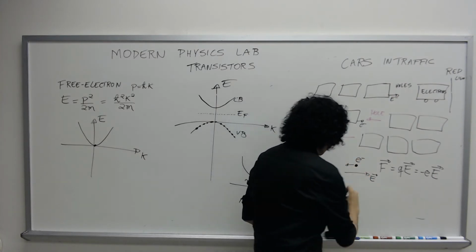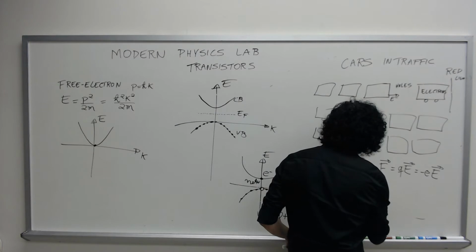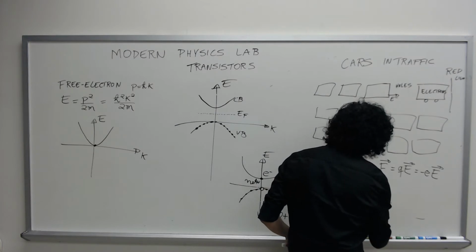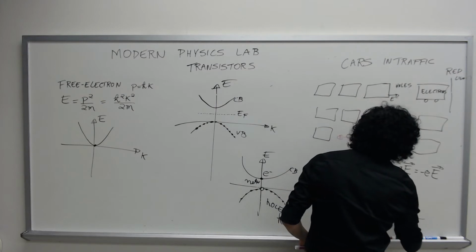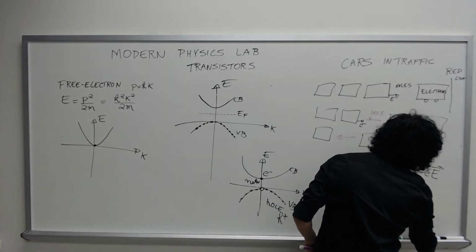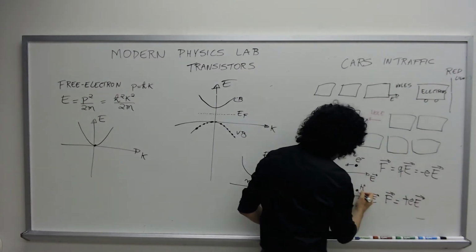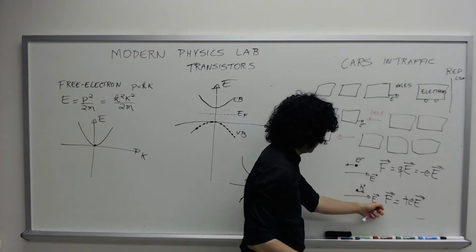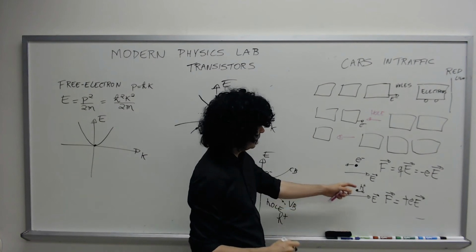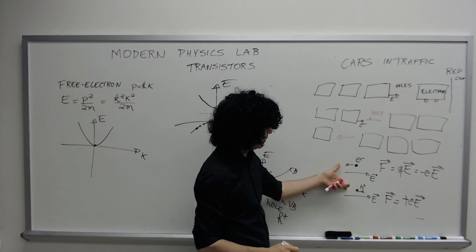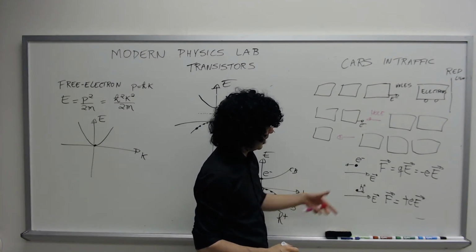While a hole, which is positively charged, the force will be plus E, and the hole will move along the direction of the electric field, which is the opposite direction of the electron.